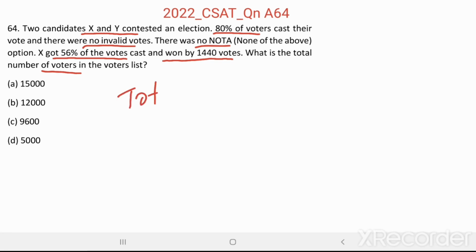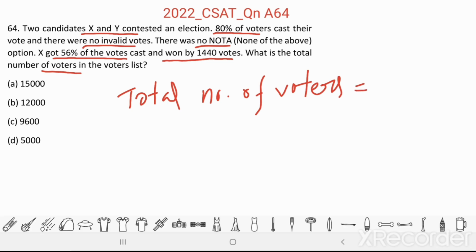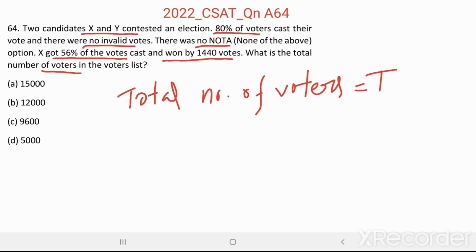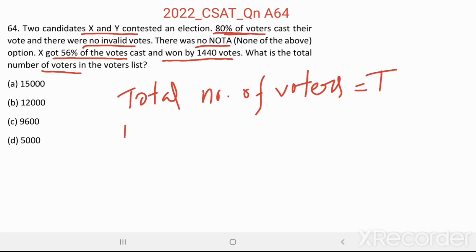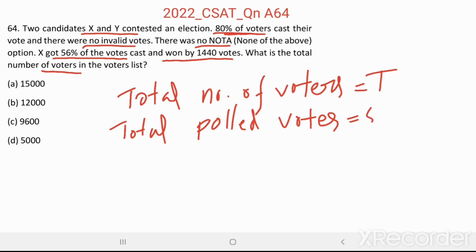Total number of voters. Let us take total number of voters equal to T. Then 80% of the total number of voters cast their vote. So total polled votes equal to 80% of T. This is equal to 0.8T.